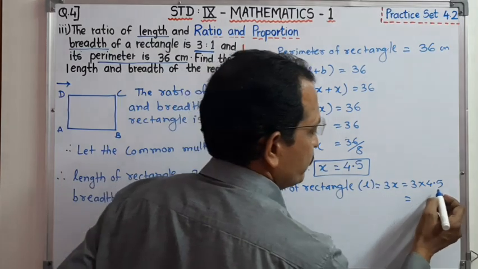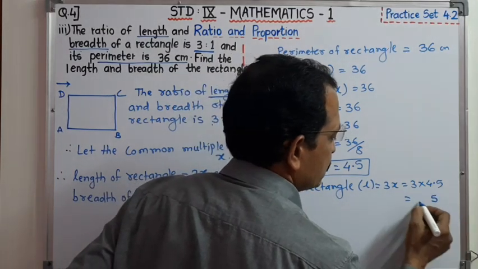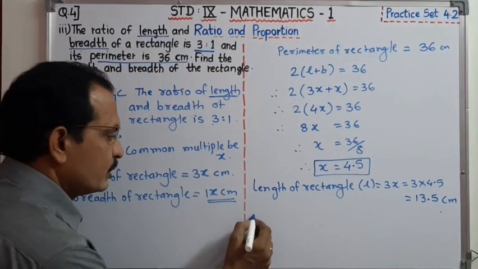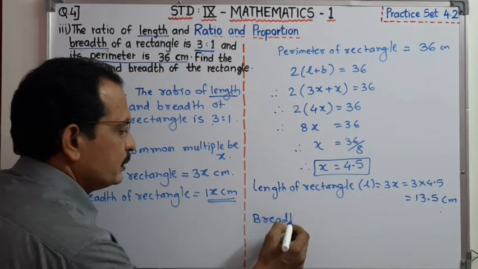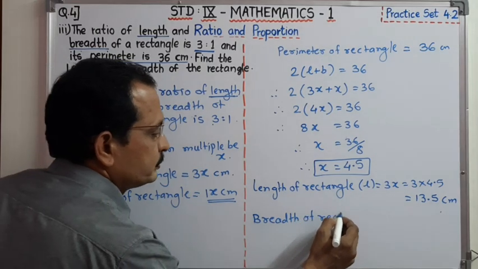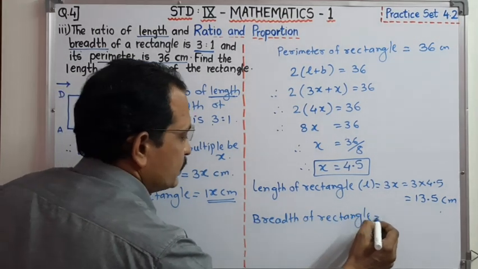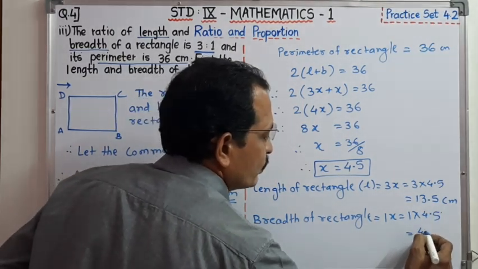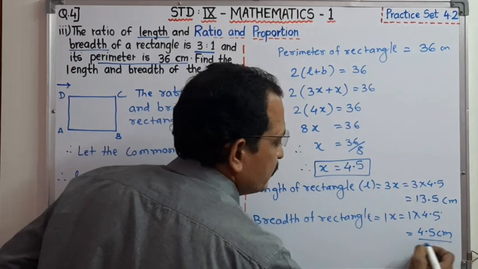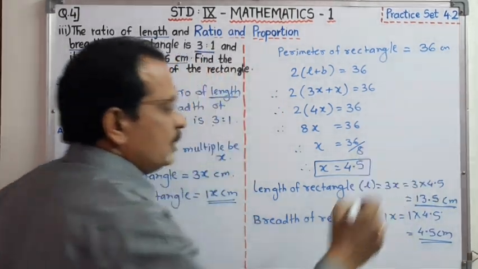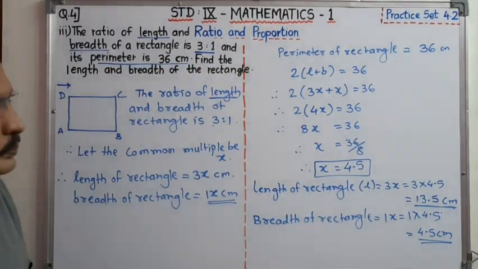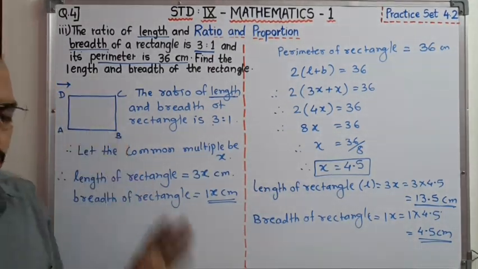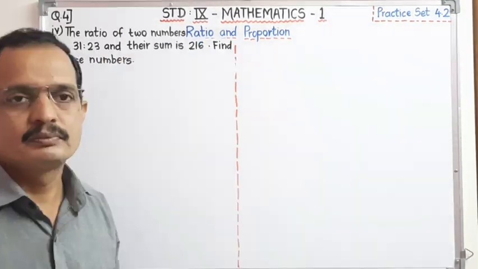Therefore dear student, 13.5 centimeter and breadth B is equal to 1x is equal to 1 into 4.5 is equal to 4.5 centimeter. Dear student, see, very simple and very easy. Write down this sum in your notebook.